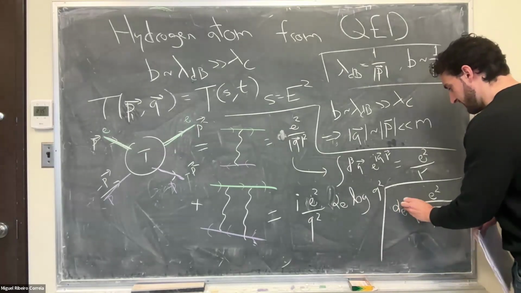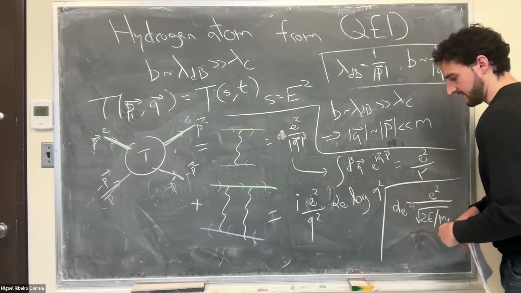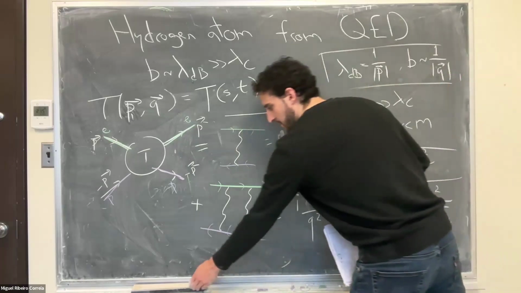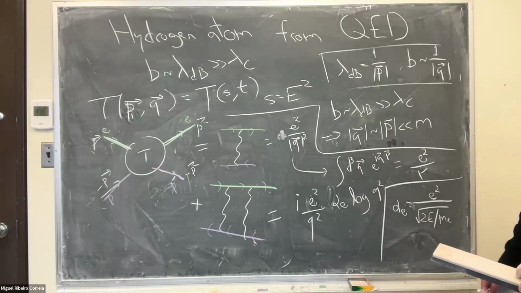The reason why you write alpha_E is because this is going to be the effective coupling in this expansion. Just to confirm one thing: for the first diagram, the single photon exchange, if you do this analysis and then Fourier transform, you get the Coulomb potential. This is just in the classical limit.